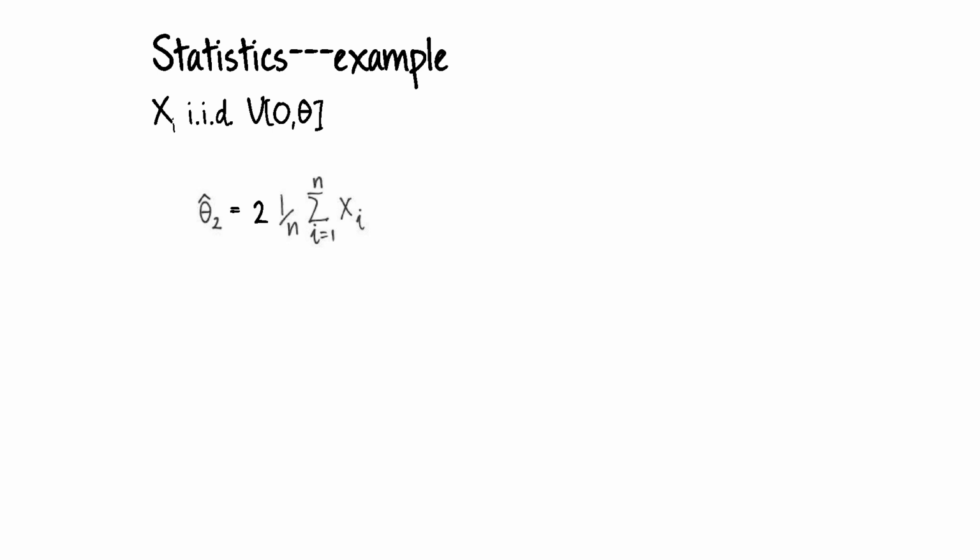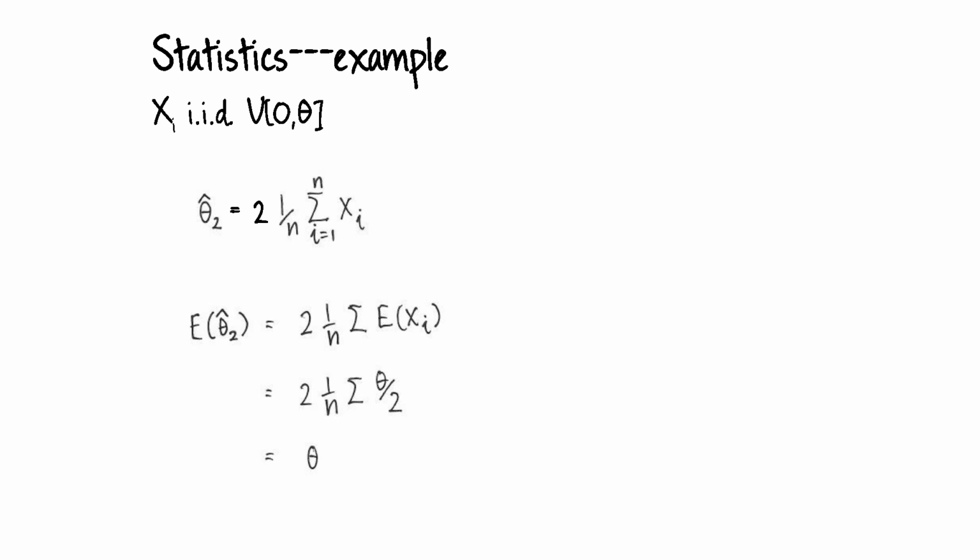Okay, so let's see an example. So we've seen this particular estimator before. Remember, the random sample is uniform zero theta, and we came up with the idea that we could just compute the sample mean from that random sample, multiply it by 2, and that would be a reasonable estimator for theta. So let's see if this one is in fact biased or unbiased. Well, we can just compute the expectation by using the properties of expectation that we saw a few lectures ago. So we don't have to go back to the definition of expectation.